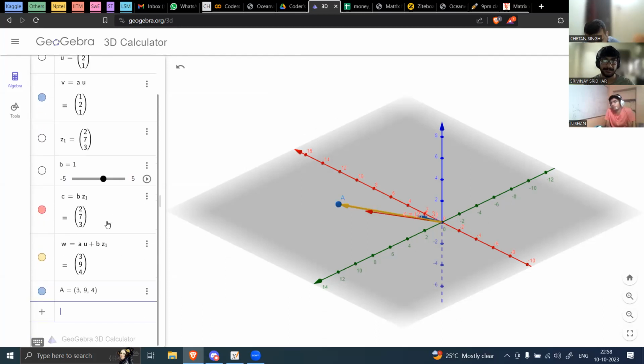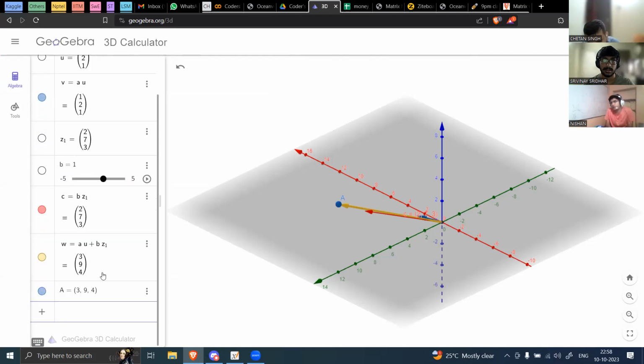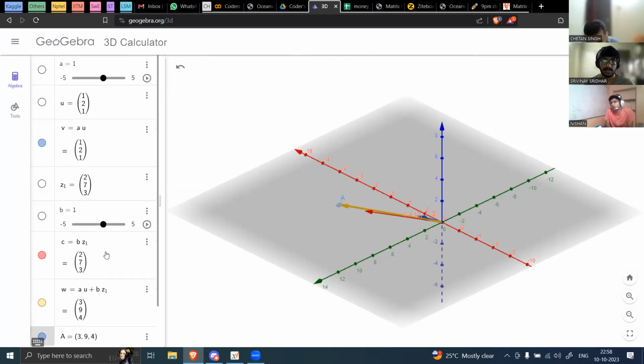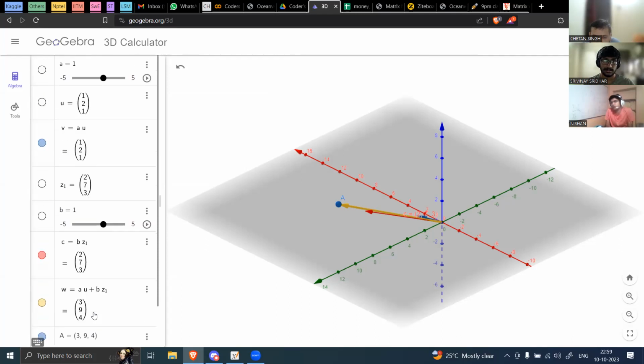This is the point where we are reaching with this combination when A and B is equal to 1. Let us now start varying A and B and see where we are going. A1, A2, let us do it as A1, A2 because we'll run out of alphabets eventually.